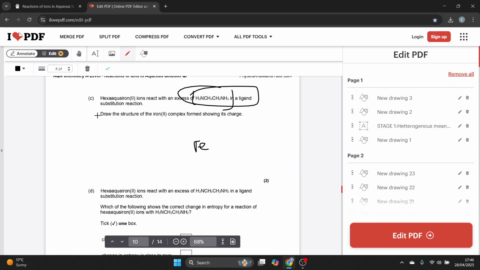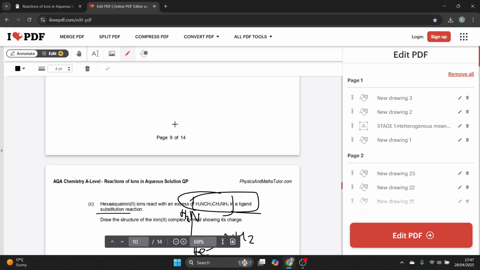It's taking way too long. Okay, so it's just going to substitute it. It tells you ligand substitution. So it's just going to be Fe. I'm going to have 4 NH2s. So I'm going to have NH2 here, H2N here, H2N here.